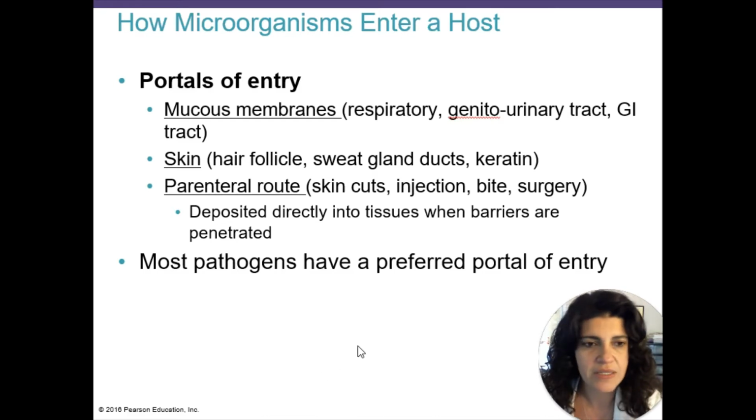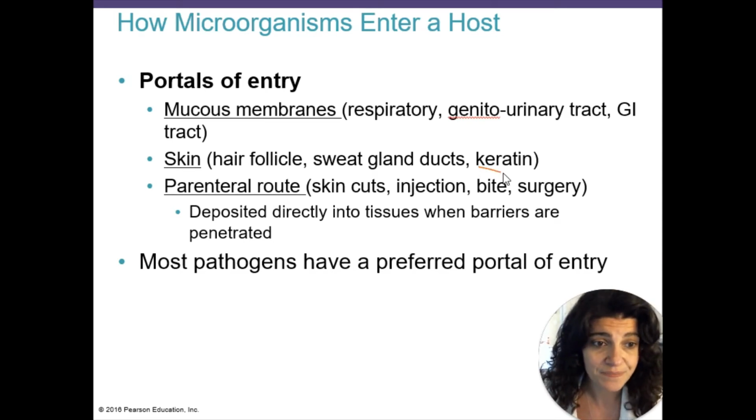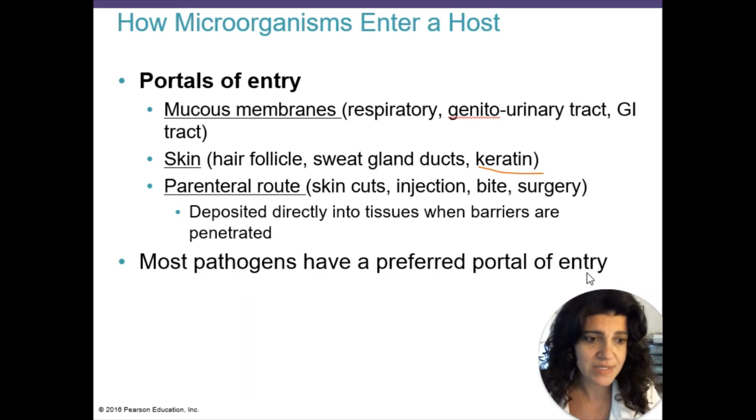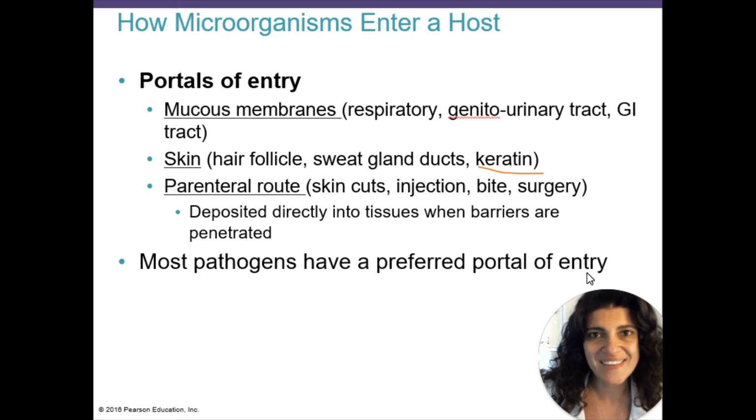What is keratin here? I'm just trying to tell you that there are some fungi that use keratin to cause disease. Why? Because they like to eat keratin. They like that protein, okay? So those are fungi that cause mycosis on the skin, usually eating the keratin. That's how they feed.